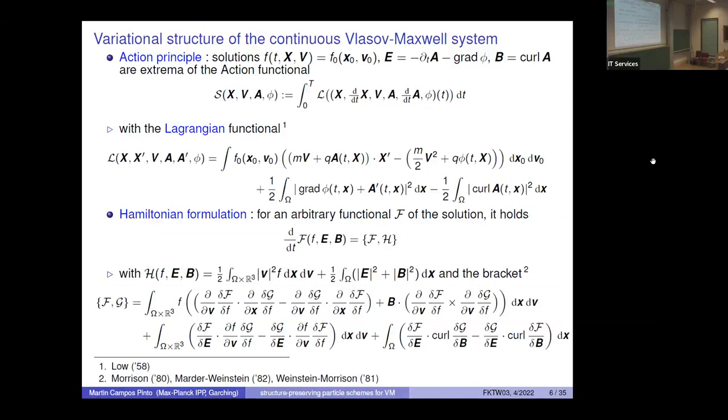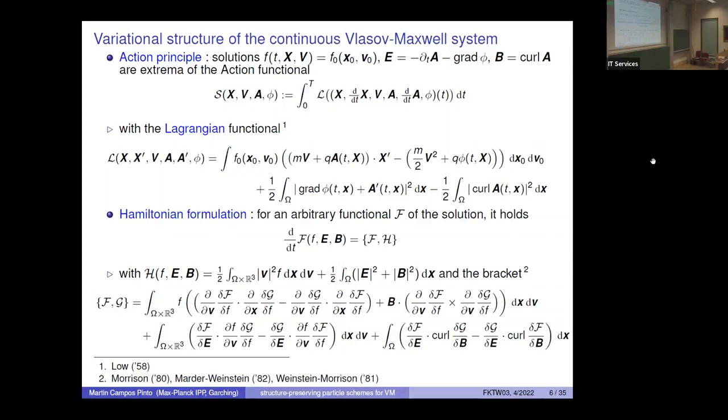You see that it involves different terms for the Maxwell equations, for the transport Vlasov equation, and some coupling terms. In particular, the coupling terms are here. You see that you have essentially the velocity multiplying the vector potential in the Lagrangian, and here the charge density multiplying the electrostatic potential. And with this Lagrangian functional, you can show that the extrema of the action satisfy the Vlasov-Maxwell system.